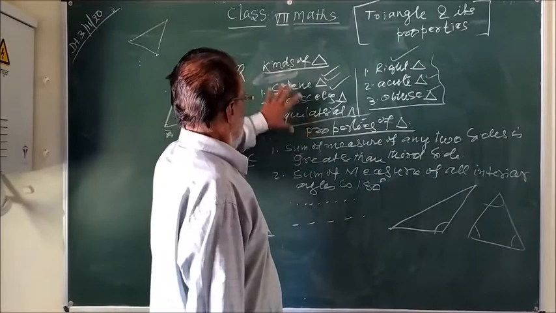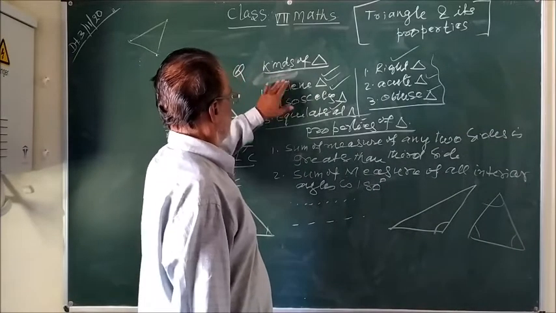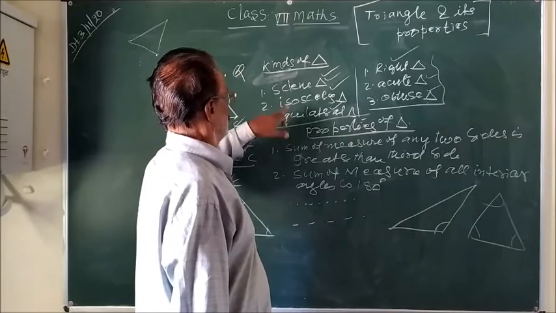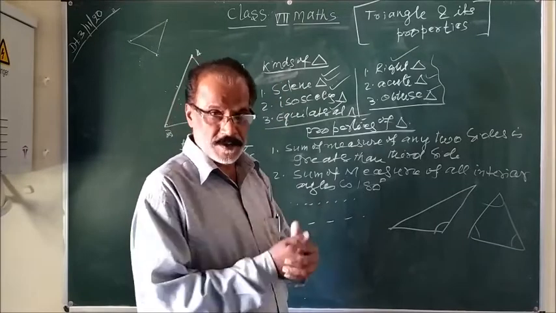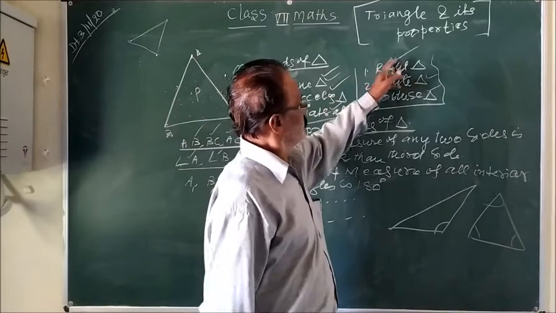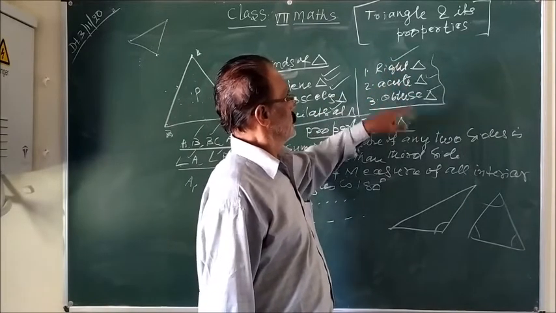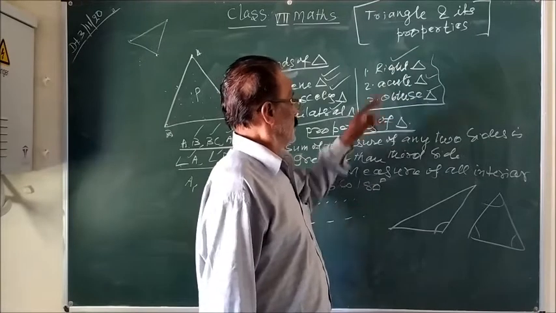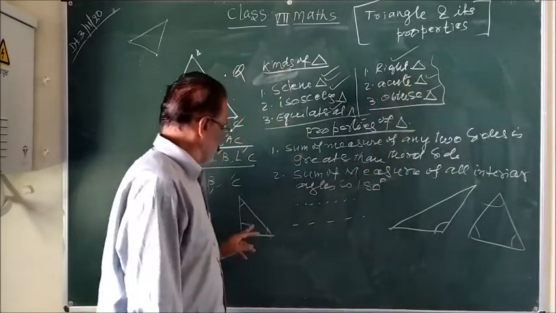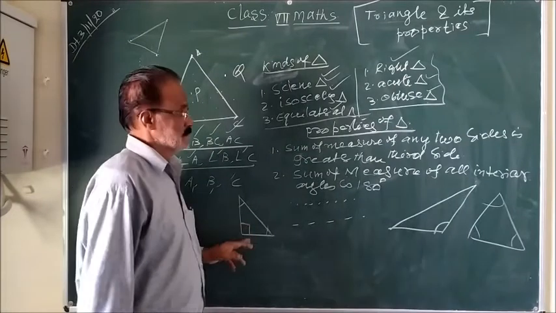Kinds of triangle: there are 6 kinds of triangle. Scalene triangle, isosceles triangle, equilateral, according to the measurement of sides. And according to the measurement of angle, we have right angle triangle, acute angle triangle, obtuse angle triangle. Right angle triangle is the triangle in which one angle is 90 degrees.